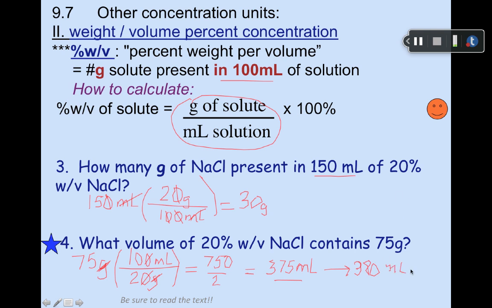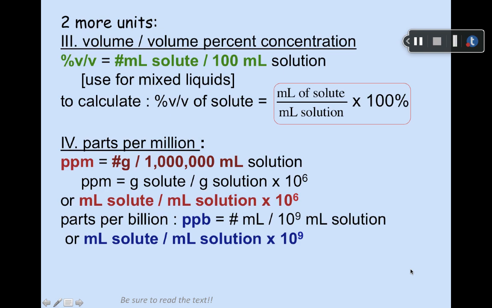All right, trying to write my units here slowly. The pen doesn't work well. Now, the other units are percent volume per volume, which is exactly the same idea in the sense that you have milliliters per 100 milliliters. That's used for liquid solutions, not a big deal. And the other ones were parts per million, which were mentioned in the POGIL activity, which is a cousin to parts per billion.